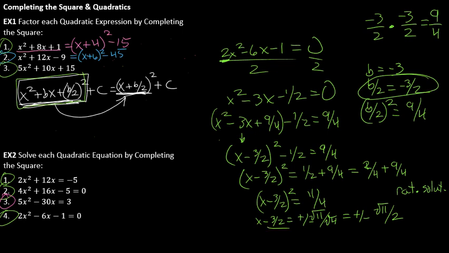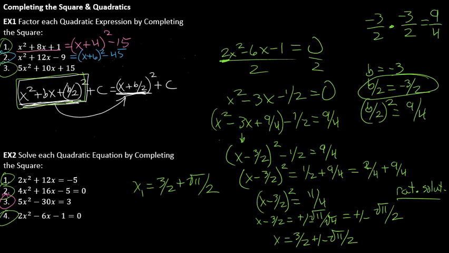We still need to get rid of that minus 3 over 2. Add that to both sides. X is equal to 3 over 2 plus or minus the square root of 11 over 2. So our two solutions: x1 is equal to 3 halves plus square root of 11 over 2, right?